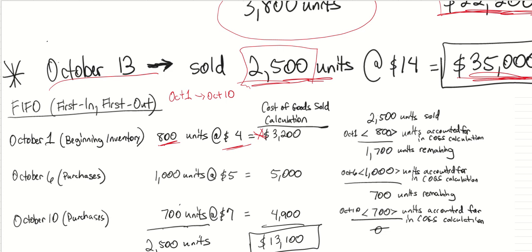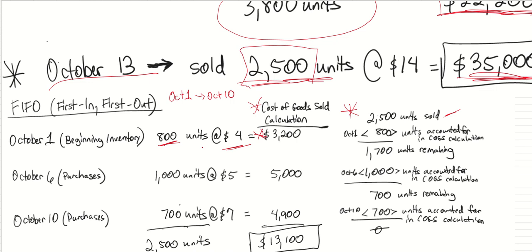And so over here on the right side, this is just for good practice. This is something that I do to keep track of what I've included already in the cost of goods sold calculation. So I have 2,500 units sold. That's how much is sold. That needs to be accounted for in this calculation here. Subtract out 800 units, which is included in the cost of goods sold calculation of $3,200.